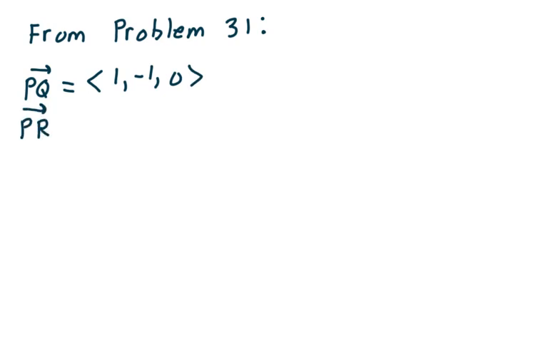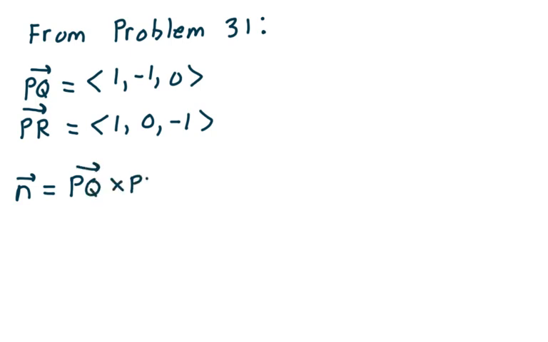PR is the vector 1, 0, negative 1. And we want N. Remember, N is the cross product of both PQ and PR.